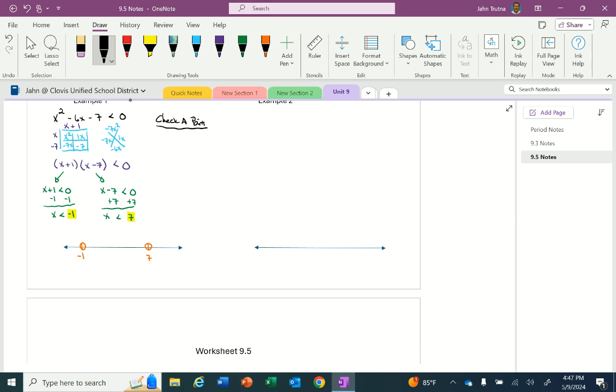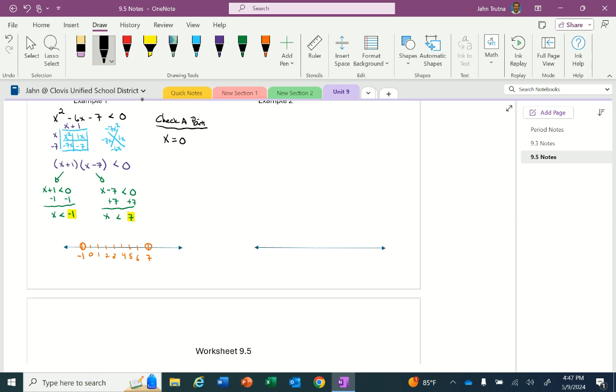So pick any number between -1 and +7. 0, or 1, or 2, or 3, or 4, or 5, or 6. You can pick any one of those numbers. I'm going to pick 0. It's usually the easiest number to pick.